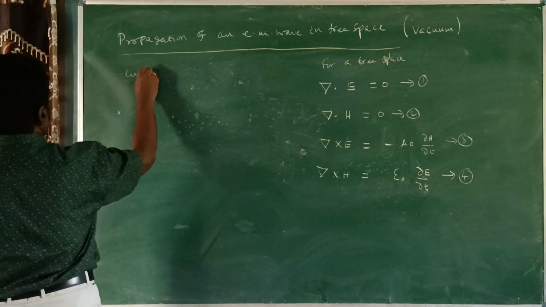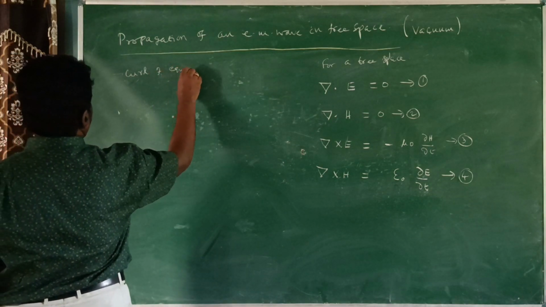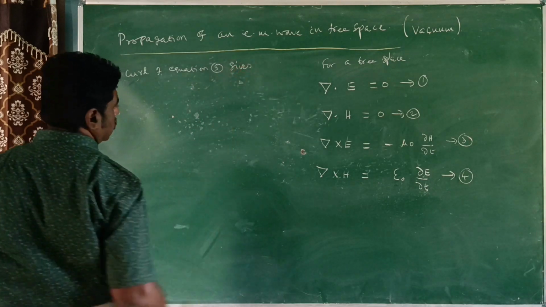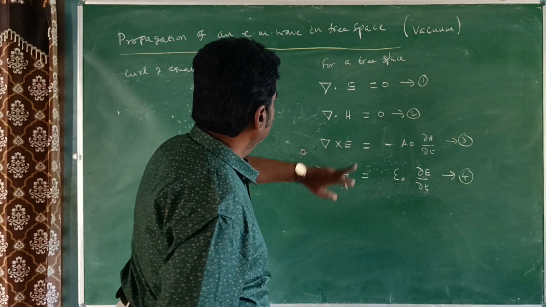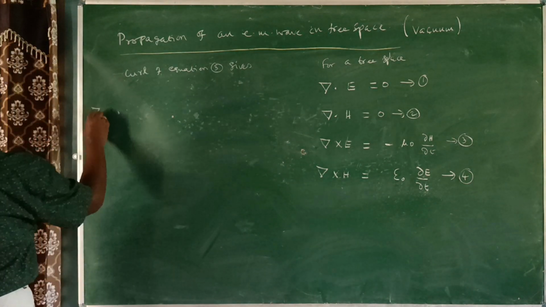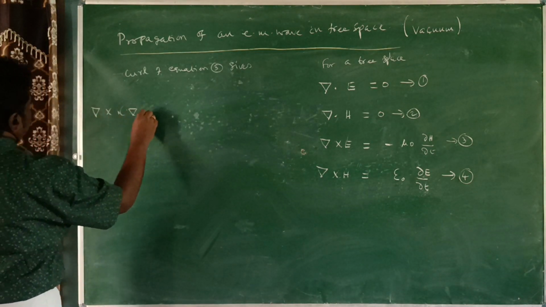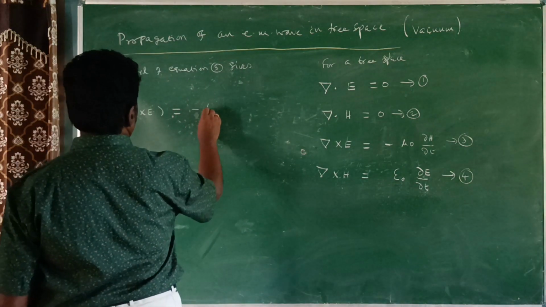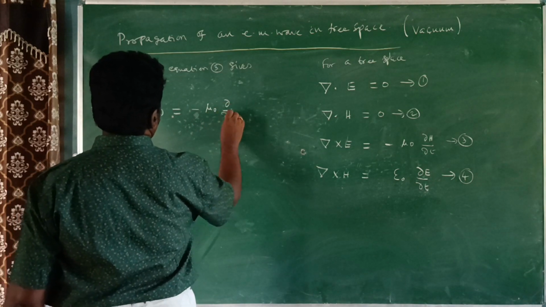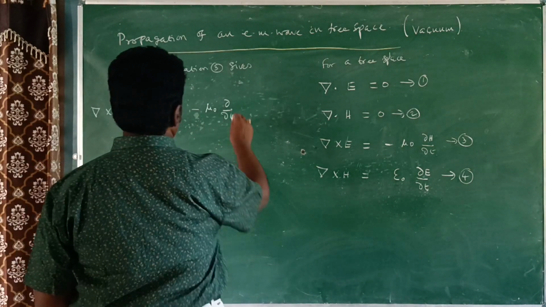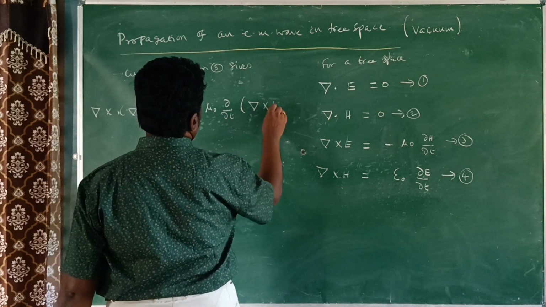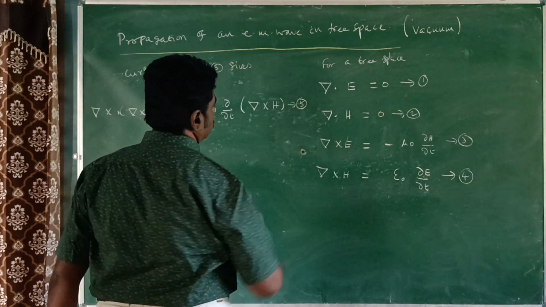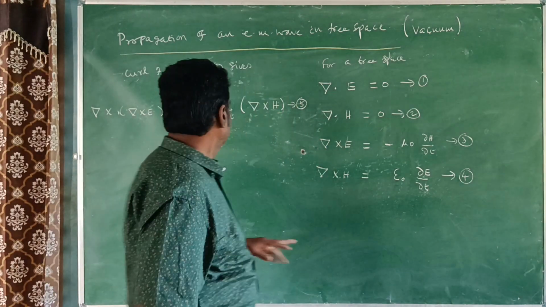Curl of equation 3 gives, see, this is equation 3, del cross E, which is equal to minus mu naught dou by dou t of curl H. Say this is equation 5. We have just taken the curl of equation 3.